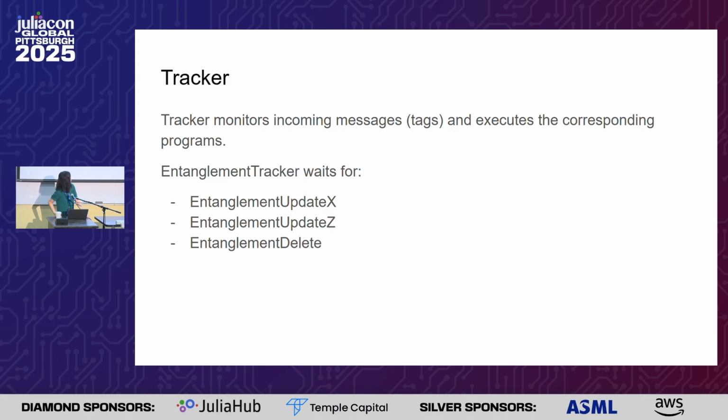So for example, for the entanglement protocol I was talking about, there is an entanglement tracker that listens for tags like entanglement update X, entanglement update Z, and entanglement delete, and applies the corresponding correction. Or for the deletion, it deletes the entanglement if needed. This is pretty important if you want to do error correction protocols.